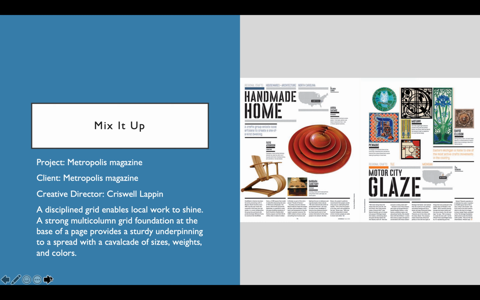And the strong grid foundation allows them to mix all of these different pieces in a way that still feels really coherent. If it didn't follow the grid, it would kind of fall apart. So it's a really great way to bring everything together and to kind of play with all this variety of sizes and colors, but still have the reader not feel overwhelmed.